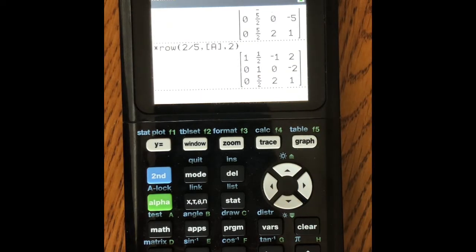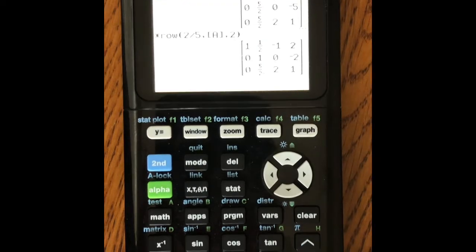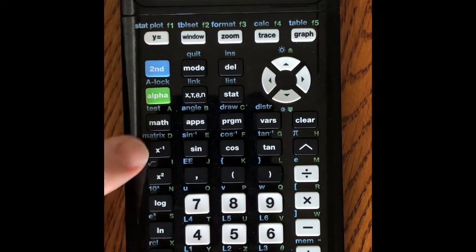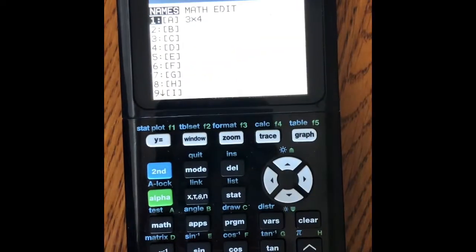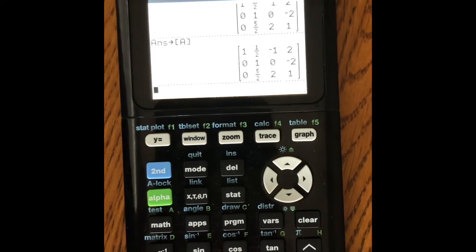Lock that in. We now have a 1 right here. That's what we want. And so now we do what? We always do store, and then second X inverse for the matrix menu, matrix A, lock it in. I'm now gonna write this on my paper.